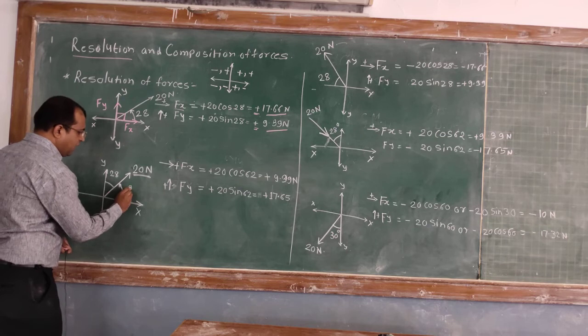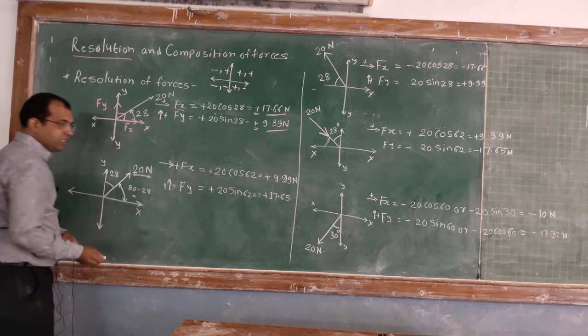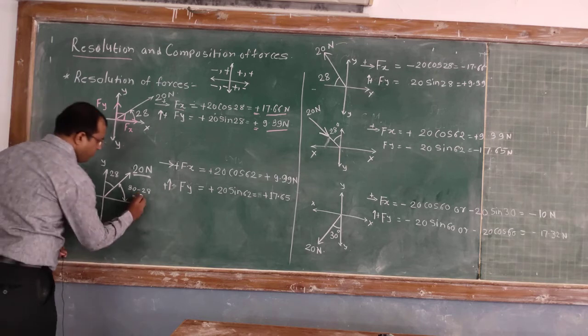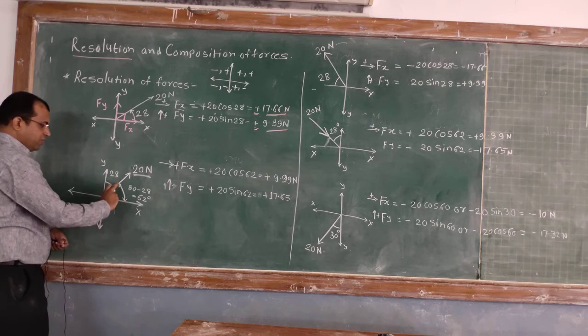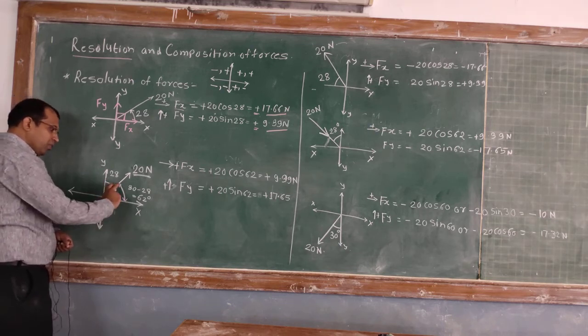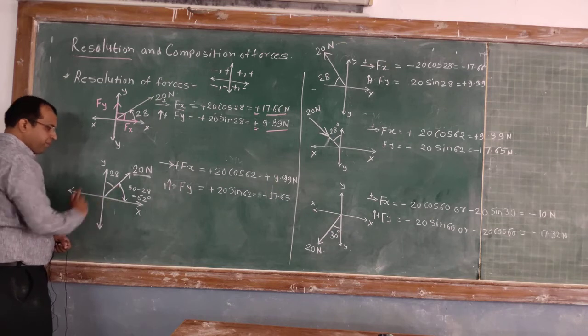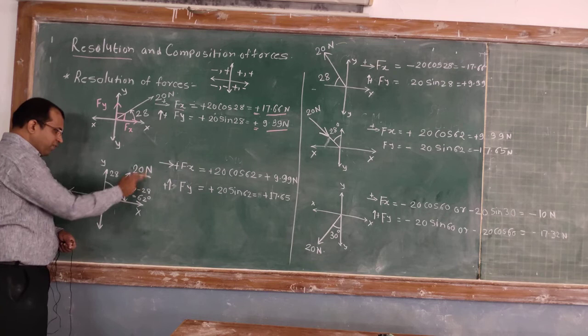That is nothing but 90 minus 28. So what is that value? It is 62. Yes, correct. Now this angle first we have to find out. When the angle is given with respect to y, you have to find out this angle. This angle comes to 62, and this force is again in the first quadrant.